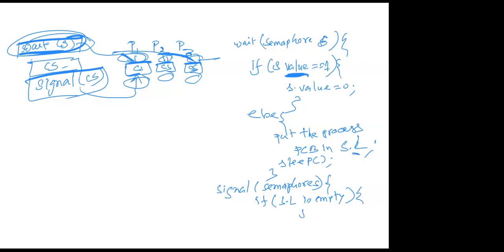Then it makes s.value equal to 1, meaning no process is interested in entering the critical section, so a new process can enter. If the list is not empty, it means some process is already interested in entering the critical section but is in sleep mode.